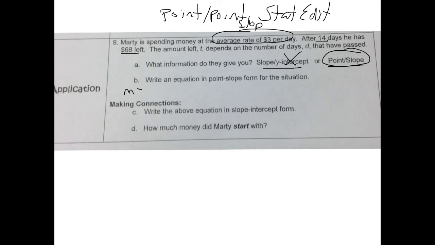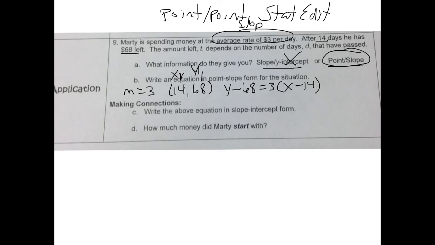So our m, or our rate, is 3, and our point that they gave us is 14, comma 68. So this would be our x1, y1. So it would be y minus y1, 68, equals slope times x minus x1, which is 14. Okay, that's point slope form of it.